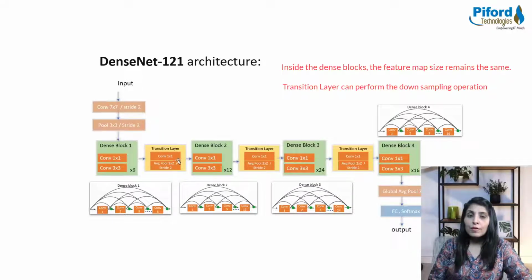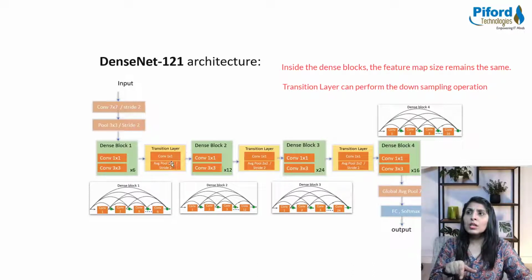Here we will downsample the feature maps which we receive. The output of the previous layer becomes the input to the next layer, meaning the concatenated feature maps from dense block 1 will become the input to the transition layer, and the transition layer will perform downsampling on them.